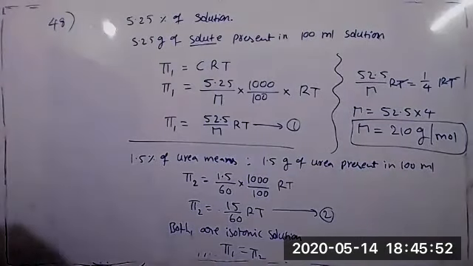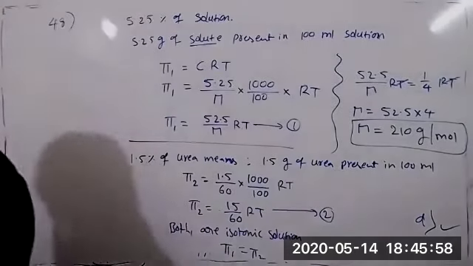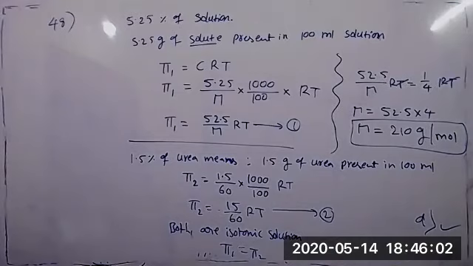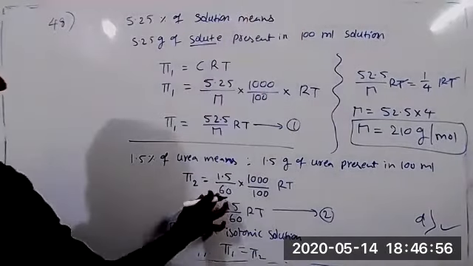So option D is correct. And here 60 is the molar mass of urea.